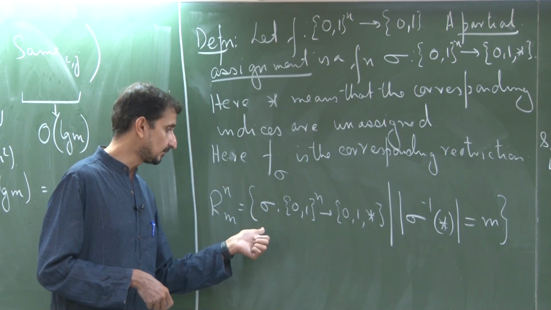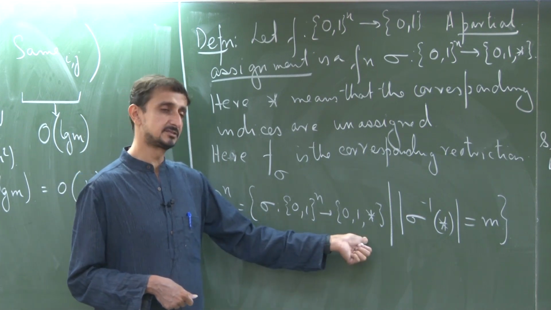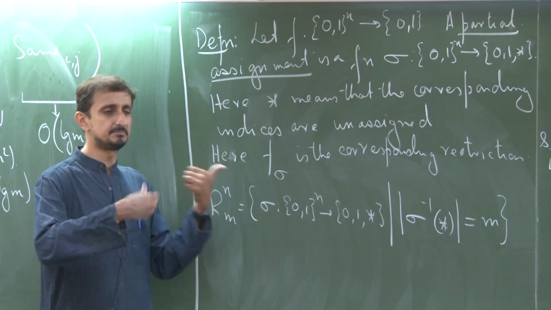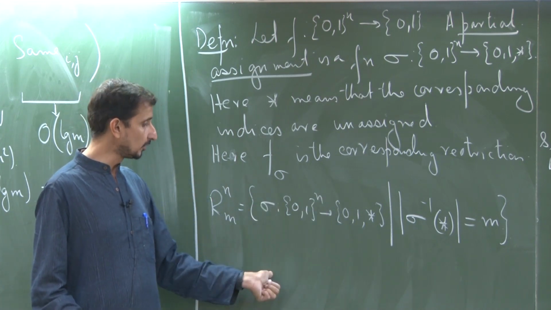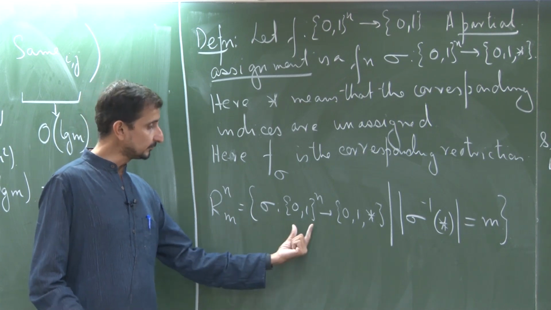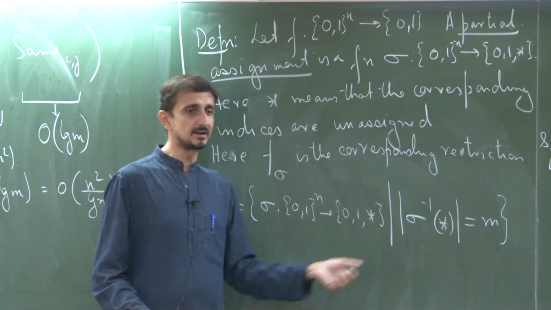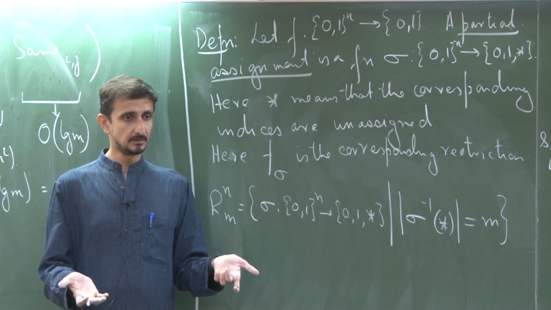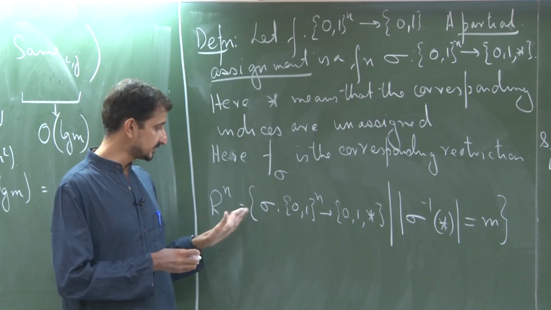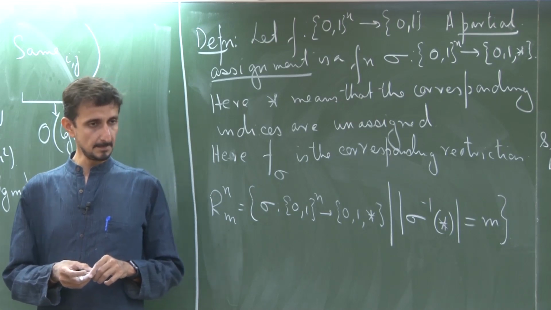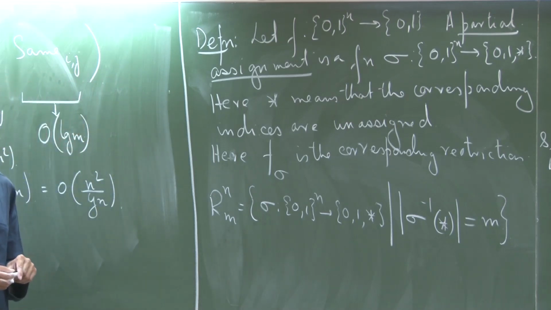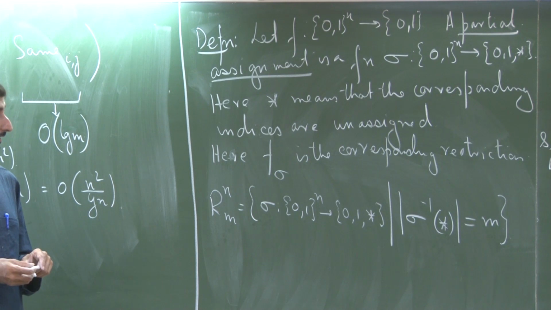I can have another function tau going from this to this, and maybe something else again going from this to this. Suppose for all of those, the number of indices mapping to star is equal to m. Then each of those functions will belong to this set. Should the domain of sigma be the variable set instead of all strings?